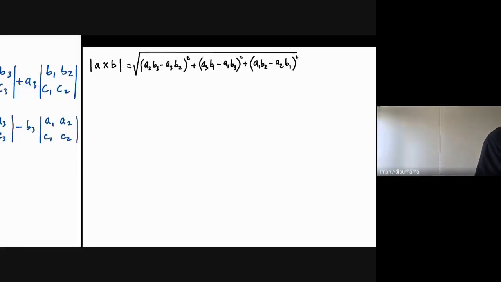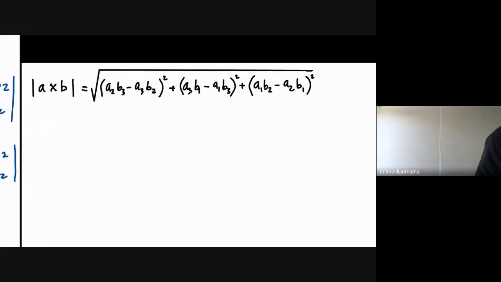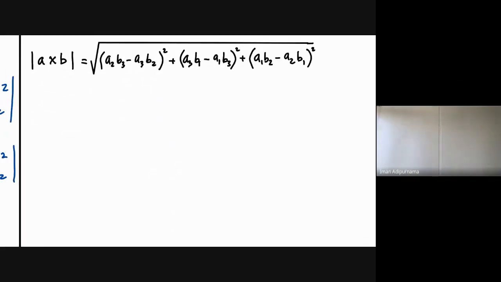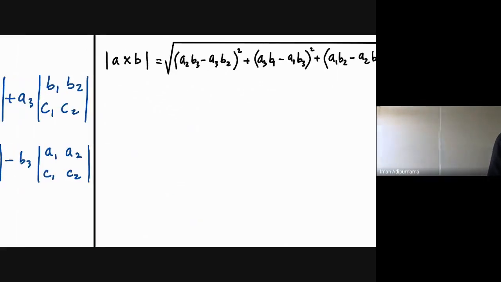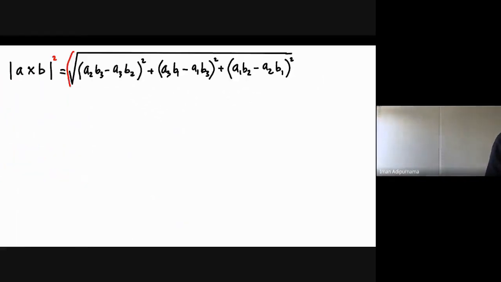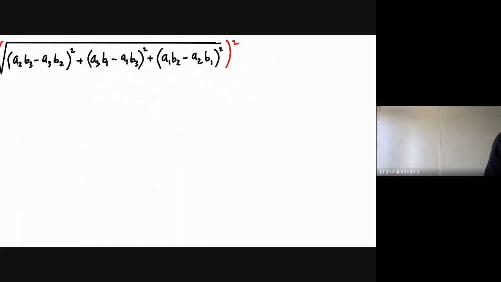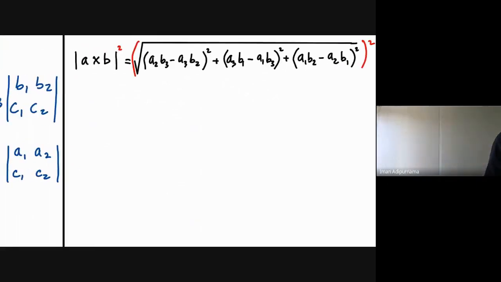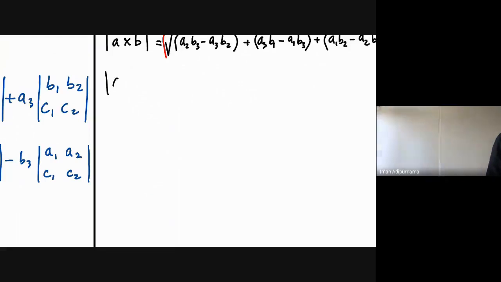Now we start with this long equation, the length of the cross product. And then we square all this to remove the square root. So we have A cross B and then squared.